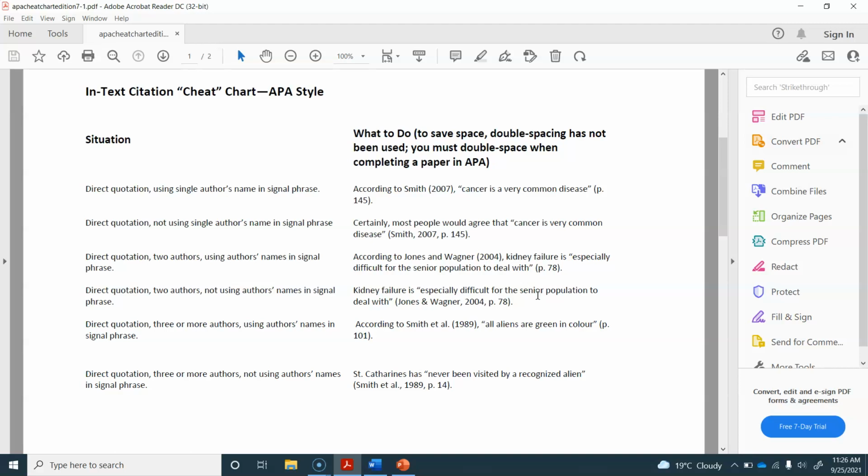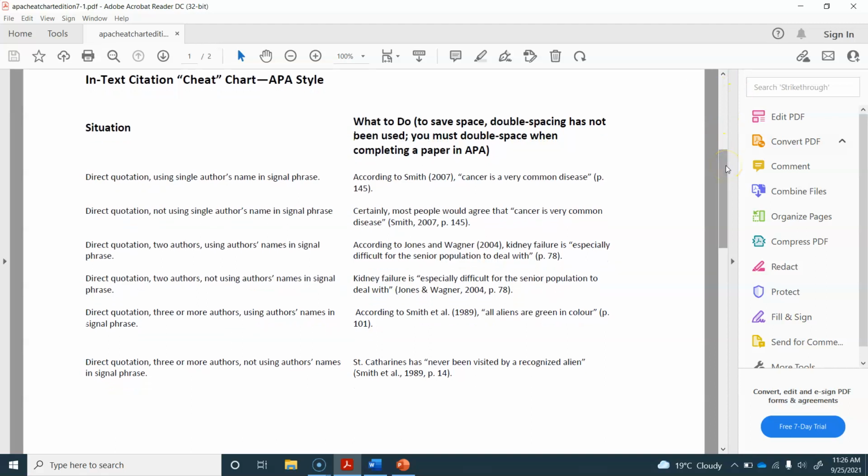What are you going to do, though, if you have 3 or more? Well, if you have 3 or more, you're actually going to be able to take a shortcut. So if you have 3 or more, you do not need to list out all of the authors' names. You're going to take a shortcut, and the shortcut is called the et al. shortcut. Et al. is Latin for "and others."